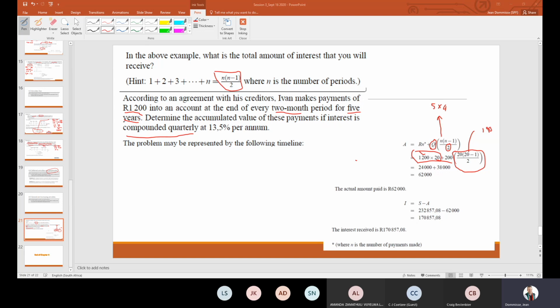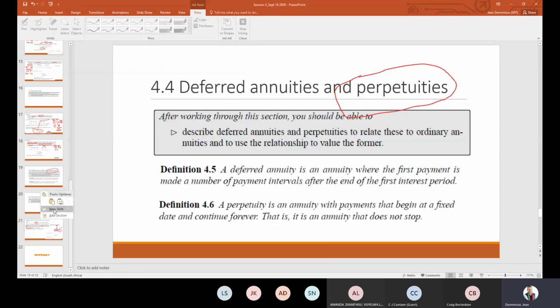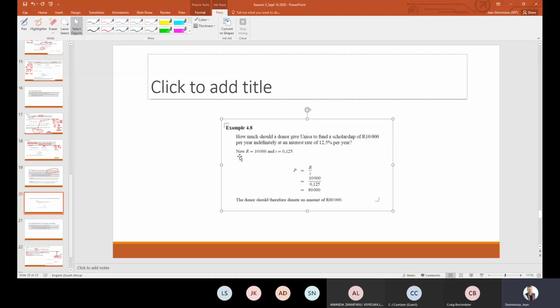It's chapter 4. As I'm going through this, I also want to add a slide in here to show you that.